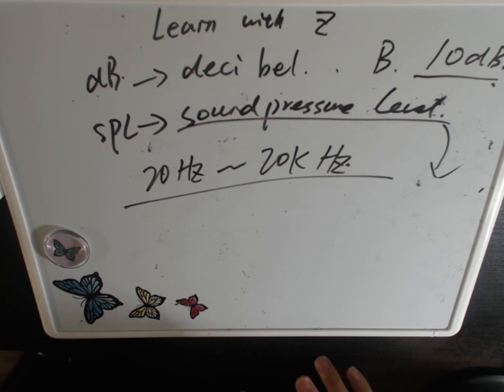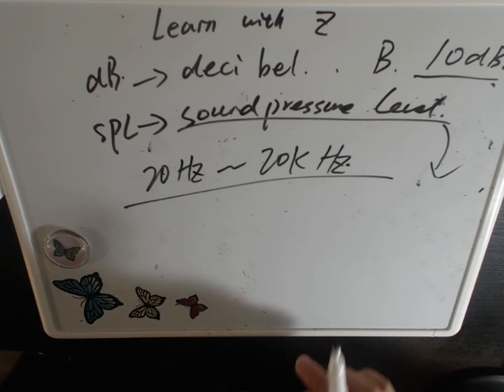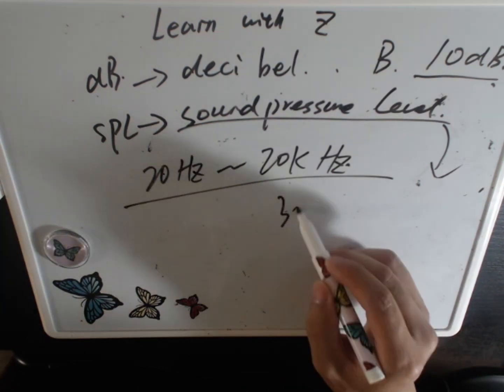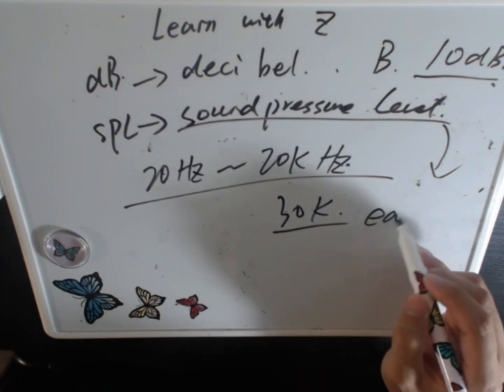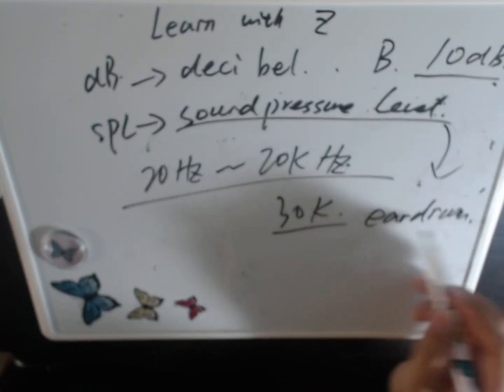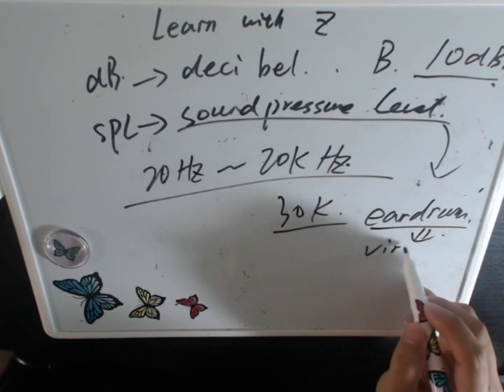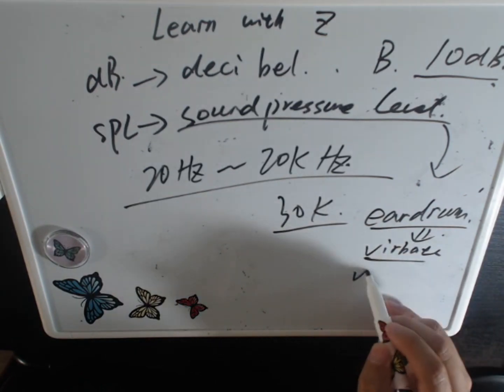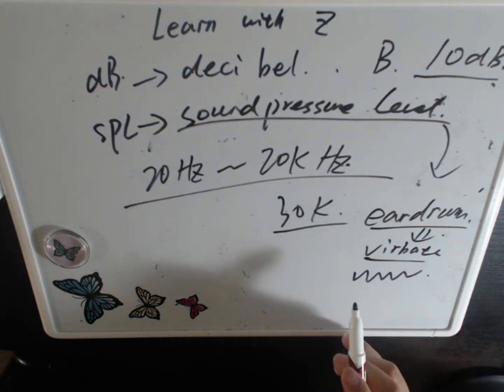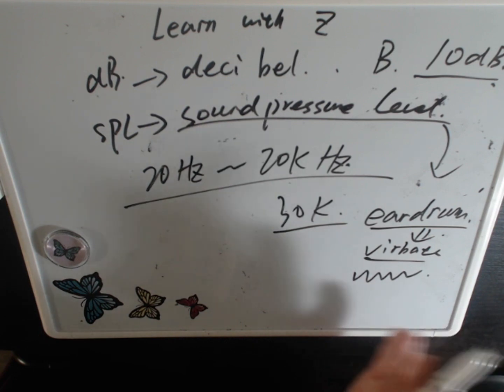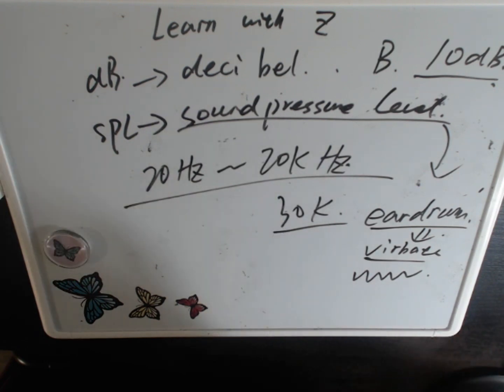I'm telling you that's a different concept. Even though your sound has a frequency out of this range, something like 30k, your eardrum will still vibrate, like shaking, if your dB is big enough. It will shake.